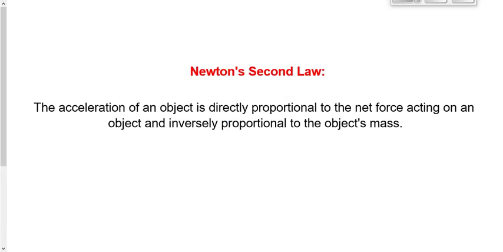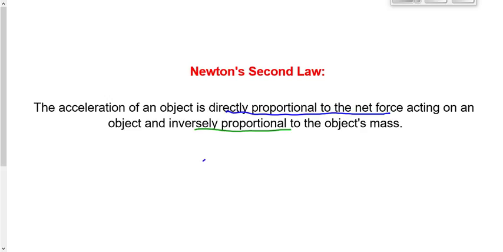Newton's second law says that the acceleration of an object is directly proportional to the net force. In other words, as net force goes up, acceleration goes up. But it's inversely proportional to the object's mass. In other words, as mass goes up, the acceleration goes down.